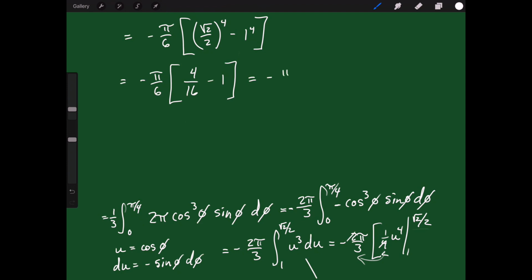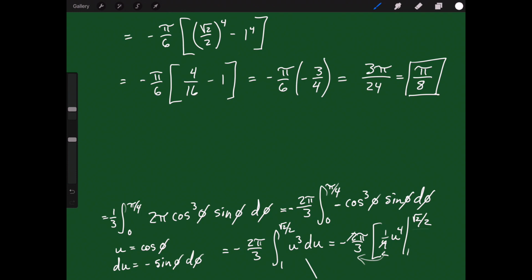So this is minus pi over 6, and I've got 1/4 minus 1, which is negative 3/4. Minus times minus is a positive, and I've got a 3 pi on top, and I've got a 24 on the bottom. But 3 and 24 cancel, and that just gives me pi over 8. And that's my answer. Okay, so we were able to do this example fairly straightforward.